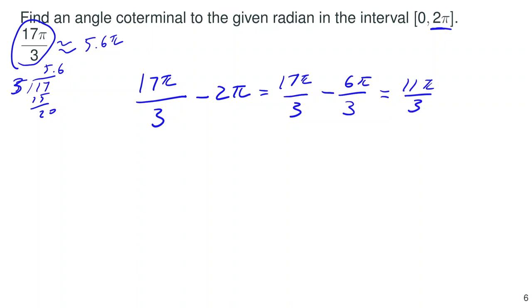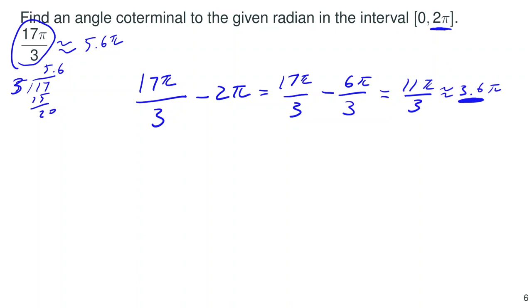Now 11 pi over 3 is also bigger than 2 pi, because 3 goes into 11 three times, which is 9, remainder 2. So it's still about 3.6 pi, which tells us this is still out of this range.